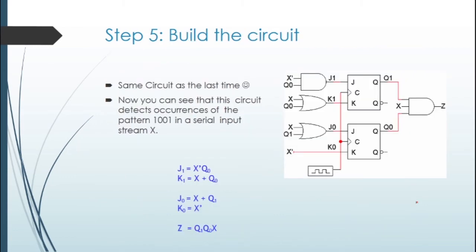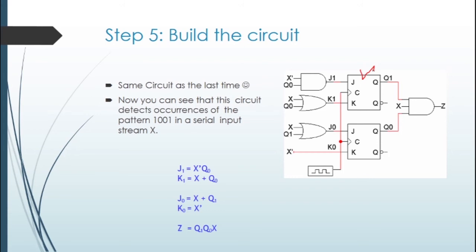So from that, we build the whole circuit. This is the complete circuit with two JK flip-flops that generate Q0 and Q1, and there are a few inputs as well, with some combinational circuit that generates J1, K1, J0 and K0. And surprisingly, this is the same circuit that we did in the last lecture.